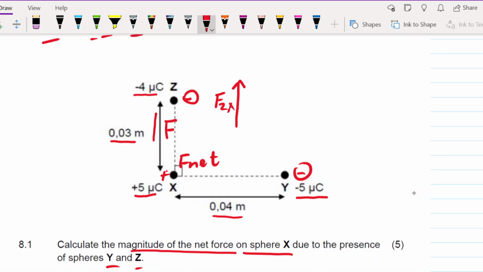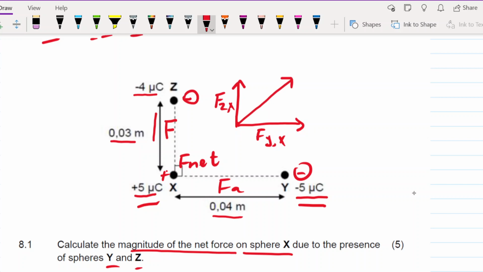Then if you look at Y and X, Y is negative and X is positive, so there will also be a force of attraction. Y is going to attract X in this direction, so there will be a force of Y on X. And then the net will be between these two forces.